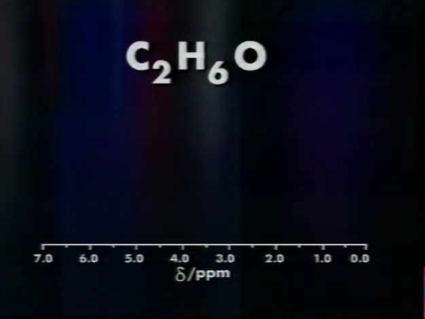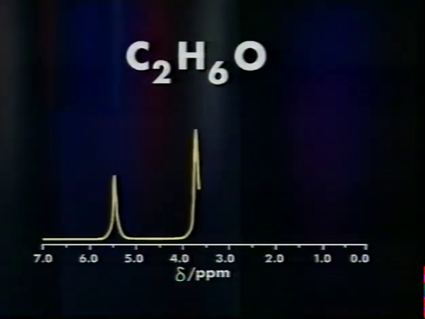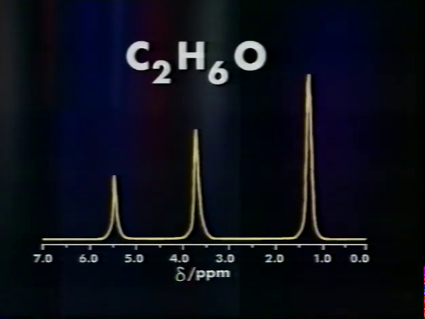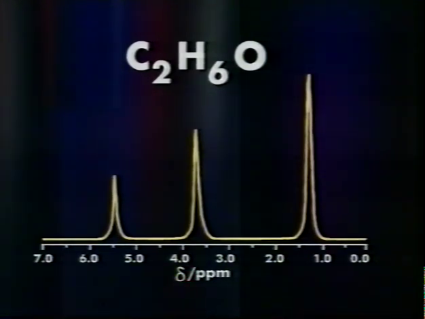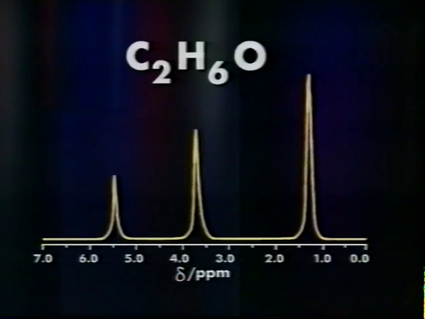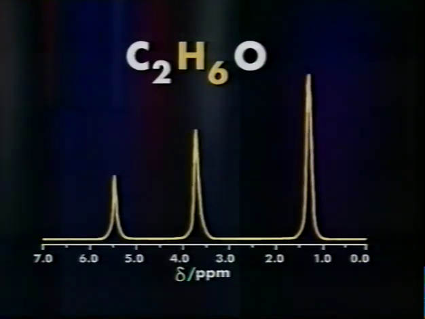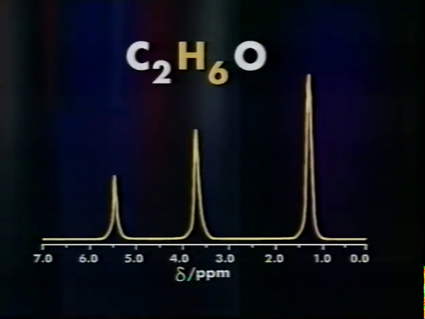So, let's see what we can learn from a basic spectrum looked at in low resolution. If we look at ethanol, with the empirical formula C2H6O, a basic spectrum would look something like this. We know from the empirical formula that there are at least 6 protons, yet the spectrum gives only 3 peaks.